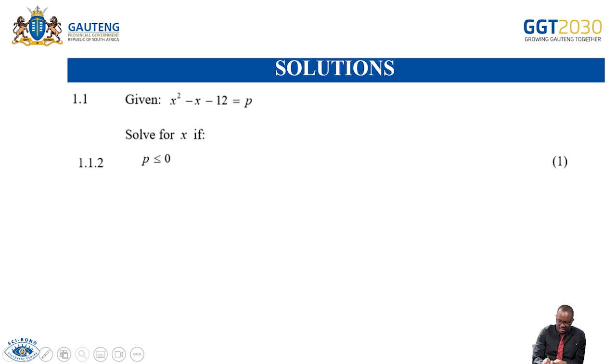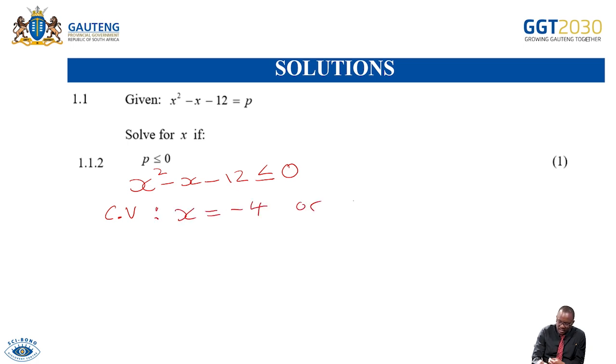So in this case, it means if you have x squared minus x minus 12 less than or equal to 0, then your critical values, because that's what we need to calculate, is x is equal to negative 4 or x is equal to 3. Those are your critical values, correct?